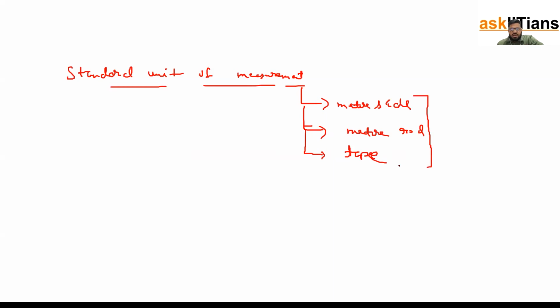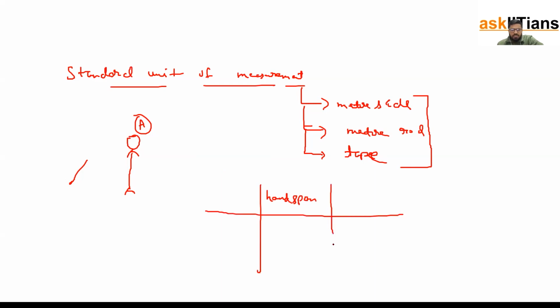So what is the need for a standard unit of measurement basically? Suppose we replace the same activity with measuring height. Suppose we have to measure the height of a person, or you have to measure your own heights. There is one boy, A, and the rest of the people in the class have to measure his height. There are 2 methods to measure height. One we will do with the hand span, so every individual will measure the height with a hand span length.